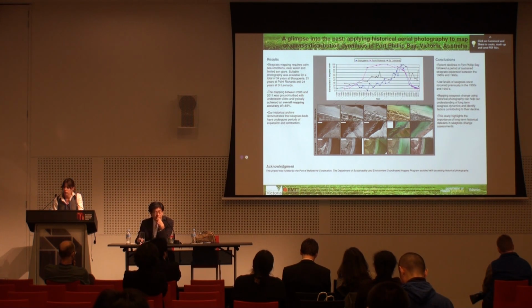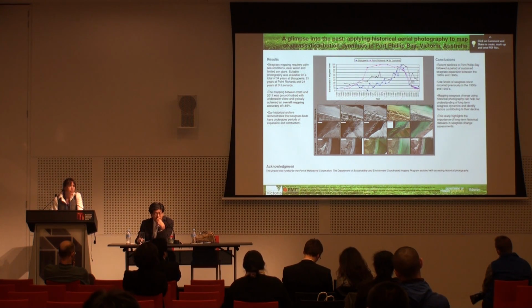We were able to see the recent decline in seagrass that was also mentioned by other studies in our study sites during the last decade. But perhaps more surprisingly, we found that the present-day low levels of seagrass cover in the bay were not unprecedented. Our earliest imagery actually showed that seagrass cover in the late 1930s was at even lower levels than it is today.